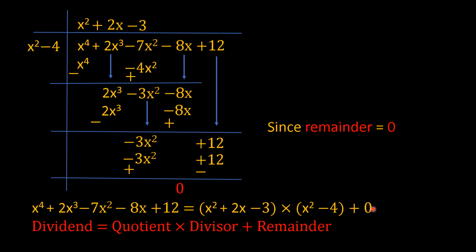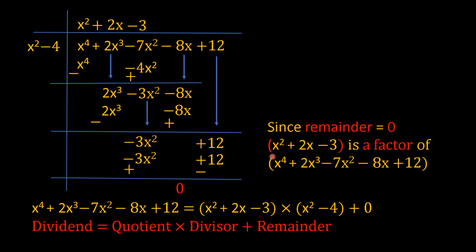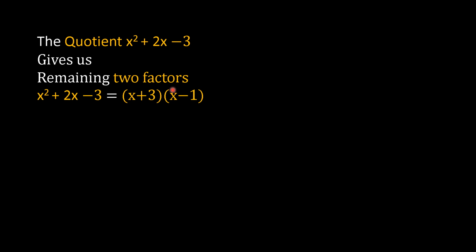Now since the remainder is 0, the quotient x squared plus 2x minus 3 is a factor of the dividend, which is this. The quotient x squared plus 2x minus 3 gives us the remaining two factors. After factorizing x squared plus 2x minus 3, we get x plus 3 and x minus 1 as the two factors.